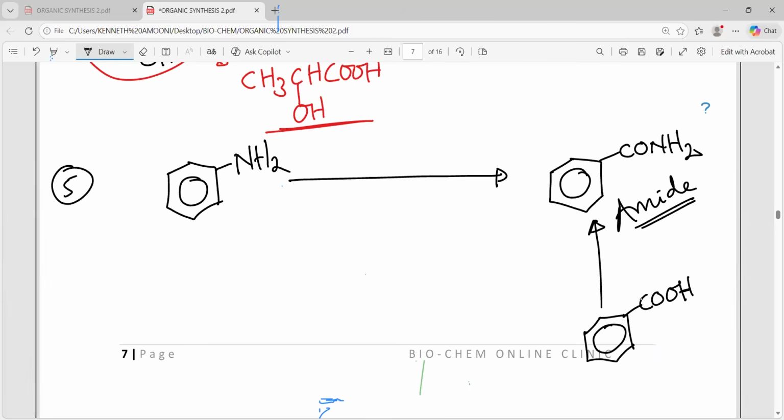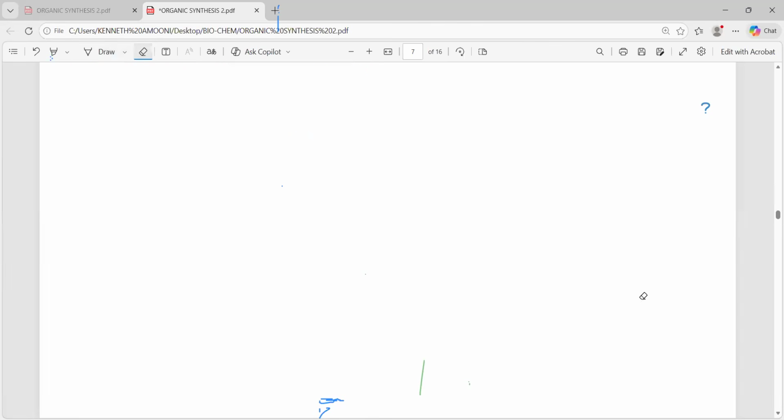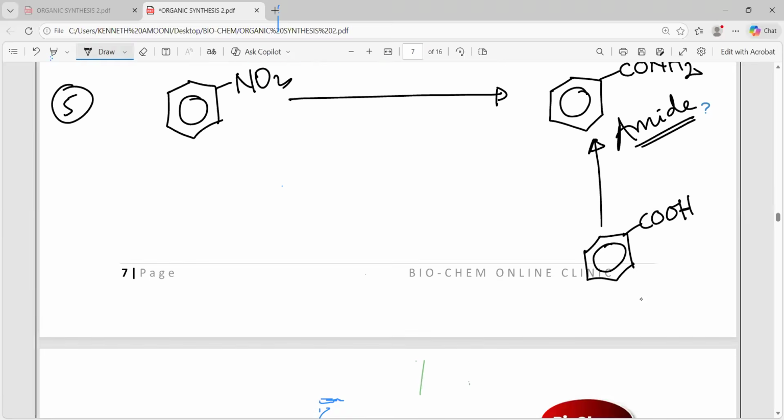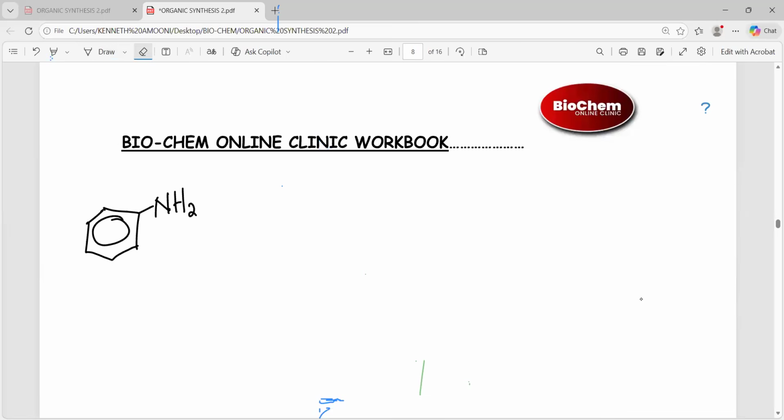The question is saying nitrobenzene. We are moving from nitrobenzene, not phenylamine, sorry. So we are going from nitrobenzene up to that aromatic amine.